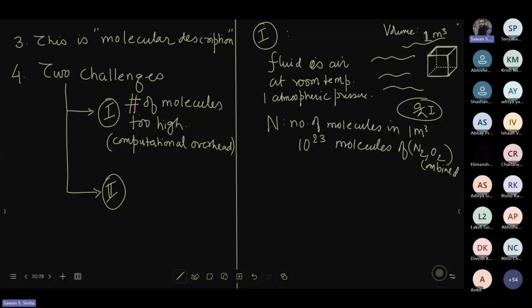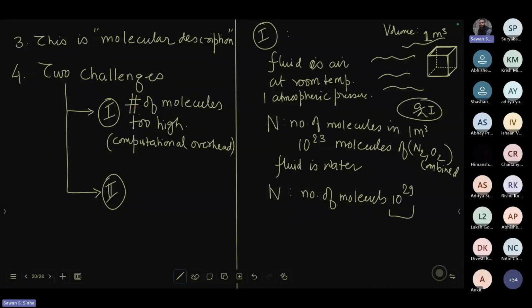And suppose the fluid is water. It is a river flow, and you take 1 meter cube, you grab 1 meter cube of water. How many molecules of water will be there? According to my references, the number of molecules will be 10 to the power 29 molecules.